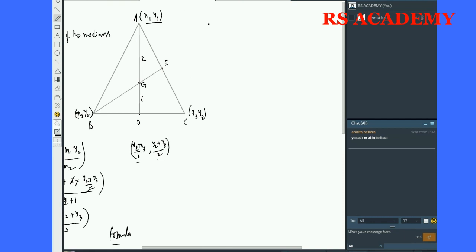The question comes like this: find the centroid of the triangle whose vertices are (4, 2), (3, 4) and (2, 3).